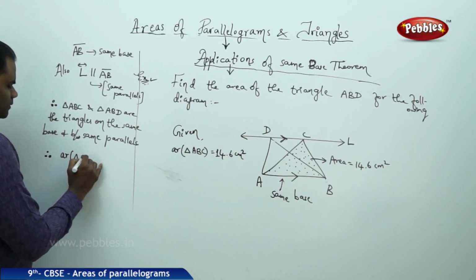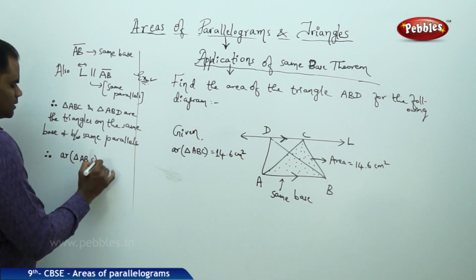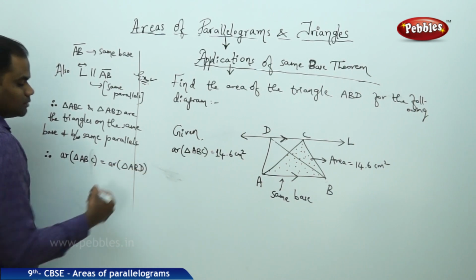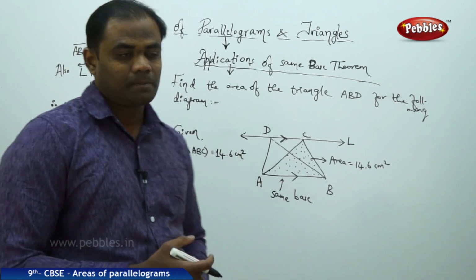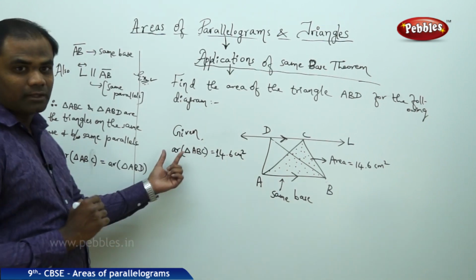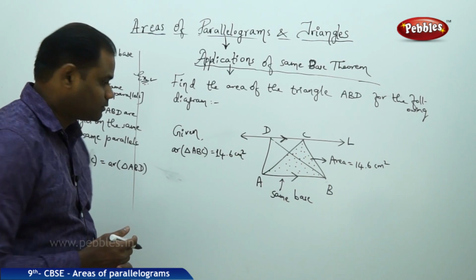Area of triangle ABC is equal to area of triangle ABD, the two triangles which have equal areas. Therefore, I have this with the area of triangle ABC, which is 14.6 centimeters square.